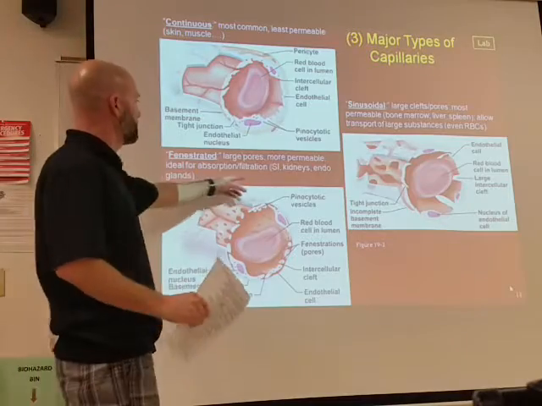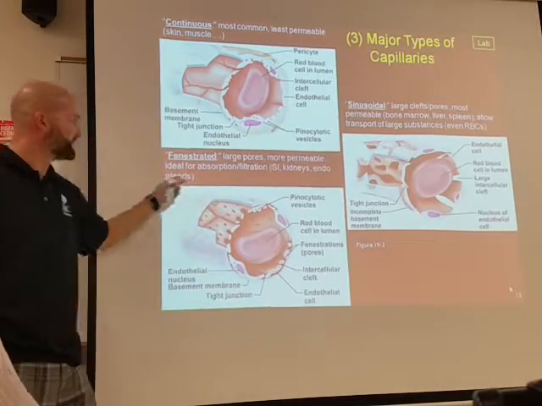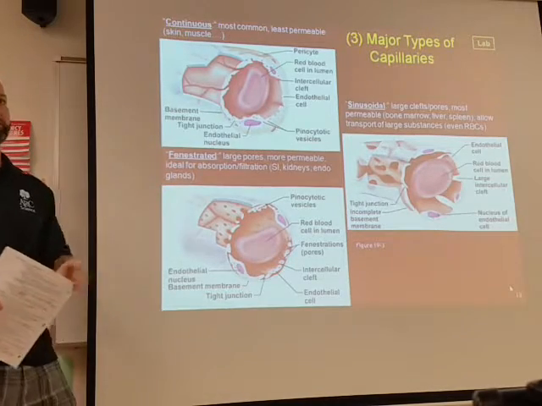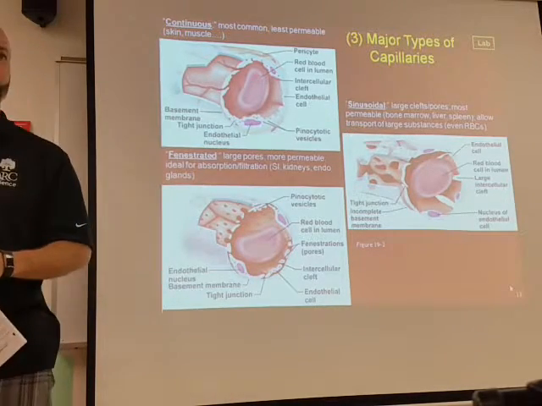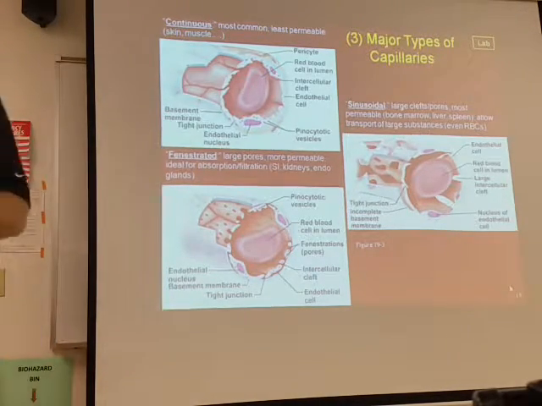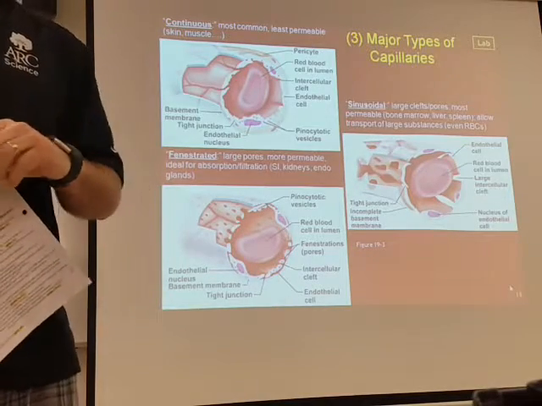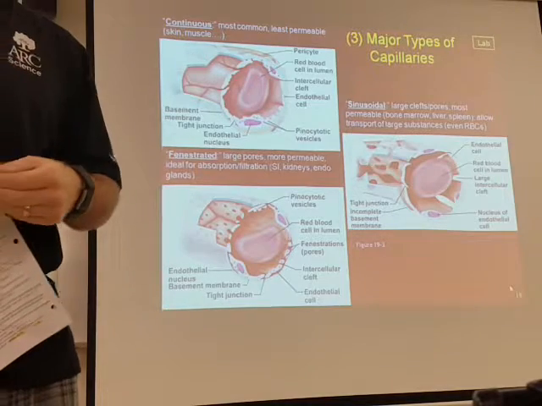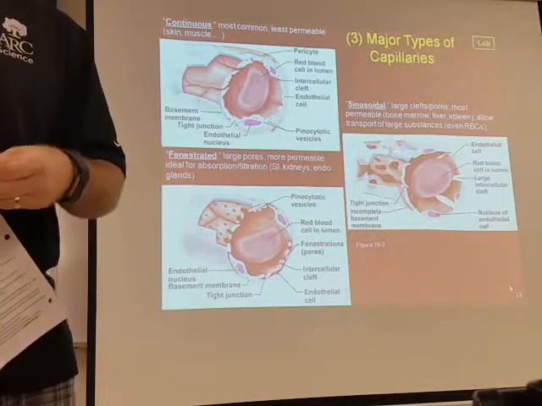We find these in the small intestines, the kidneys, endocrine glands. Why endocrine glands? Why does that make sense? Hormones. Big proteins that carry the hormones. Most hormones are proteins, and we need to get those protein hormones into the blood.